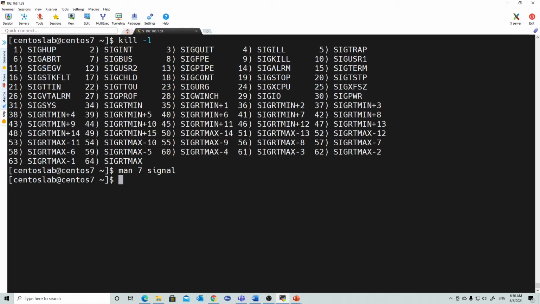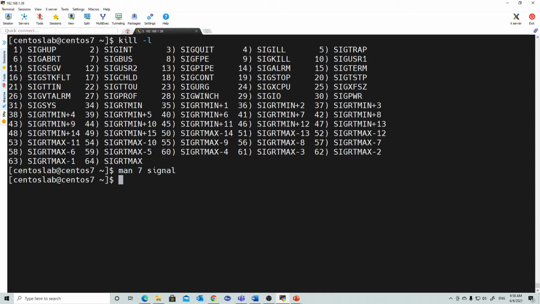SIGALRM, timer signal from alarm. SIGTERM, process termination. SIGSTKFLT, stack fault on math coprocessor. SIGCHLD, child stopped or terminated. SIGCONT, continue if stopped. SIGSTOP, stop process, cannot be caught or ignored.